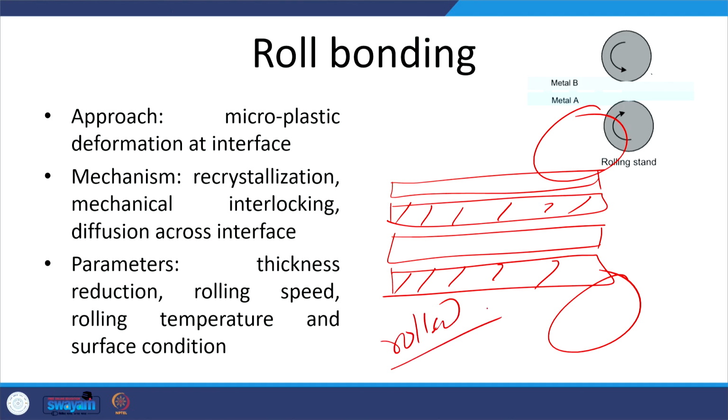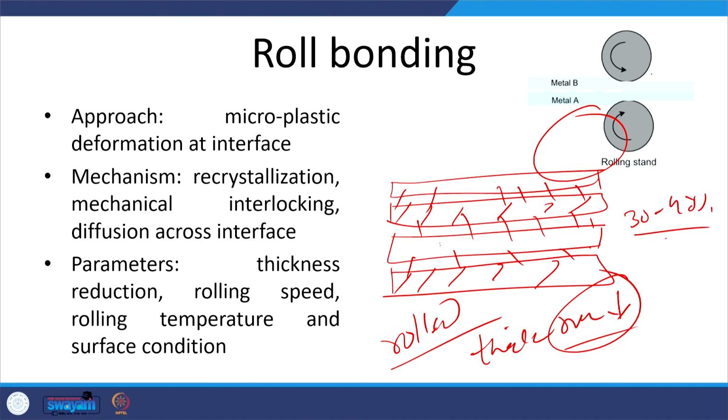During the rolling things will be compressed, there will be great reduction in thickness. When the significant reduction in thickness takes place, these sheets will be bonding with each other. Okay. Once these get bonded, the reduction may be like 30 to 40% of the total accumulated thickness.